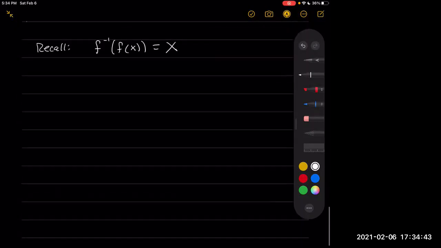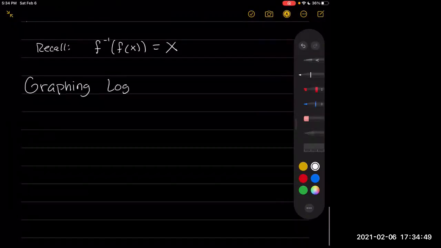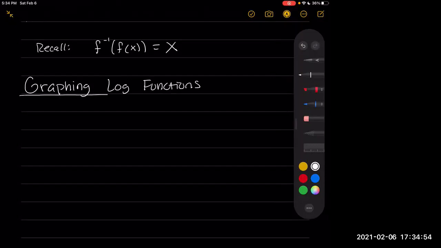Okay, so moving on to graphing logarithmic functions. Since we're working with the inverse of an exponential function, the domain and the range swap.